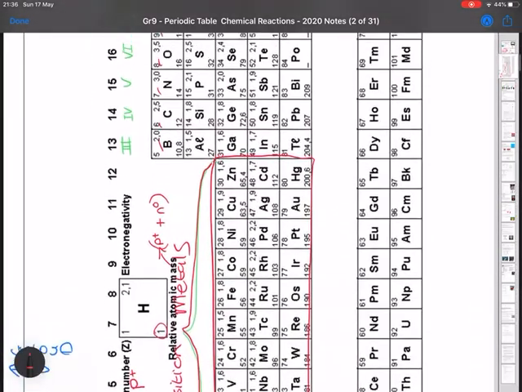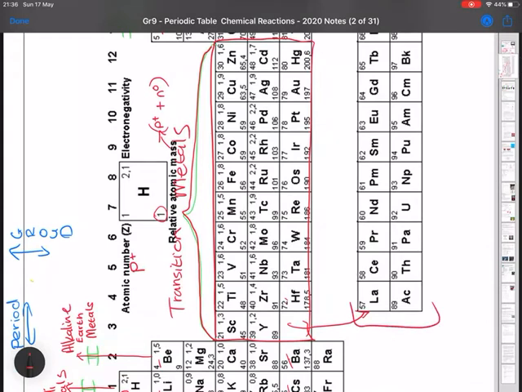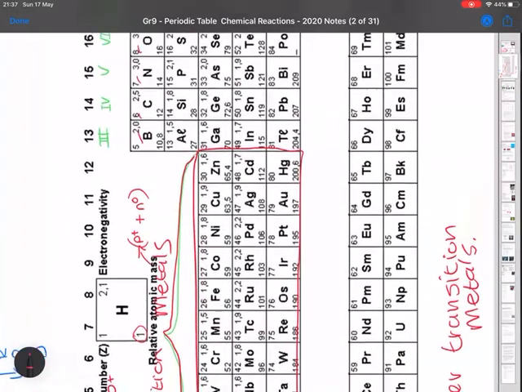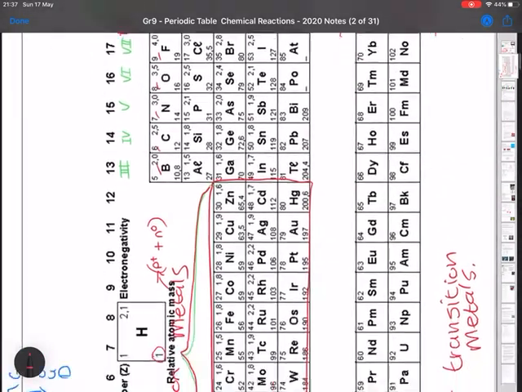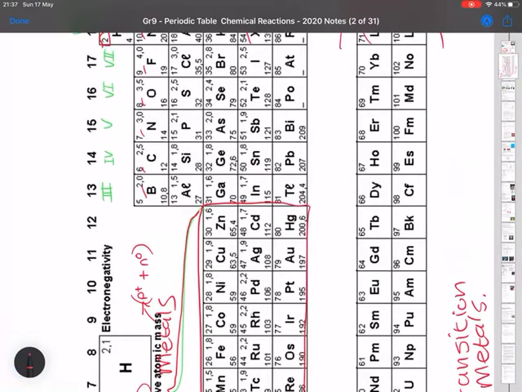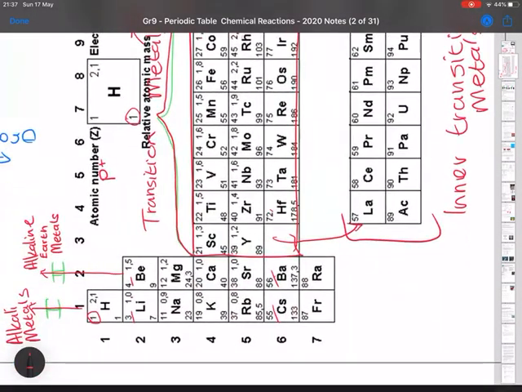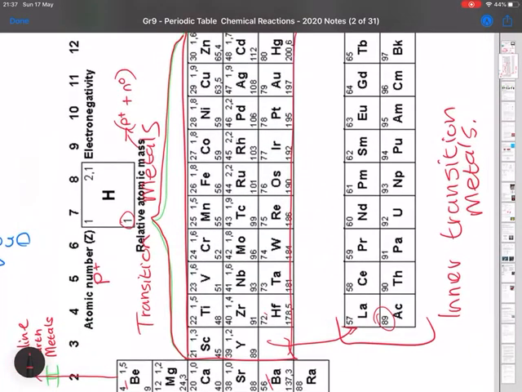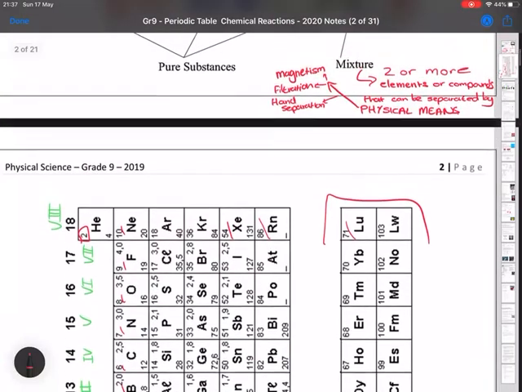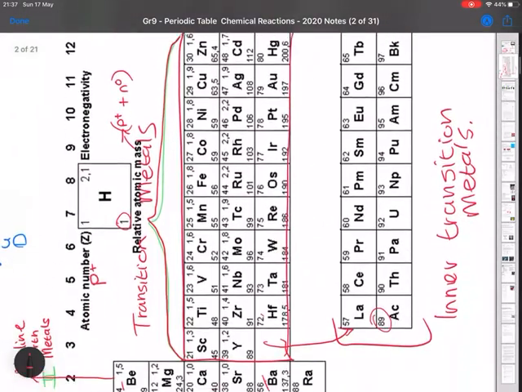So 57 all the way up to 71 are in the top row. Then we go across to 86 for radon, 87 for francium, 88, and then we go 89 onwards up until 103. Okay, so please make a little note of that.